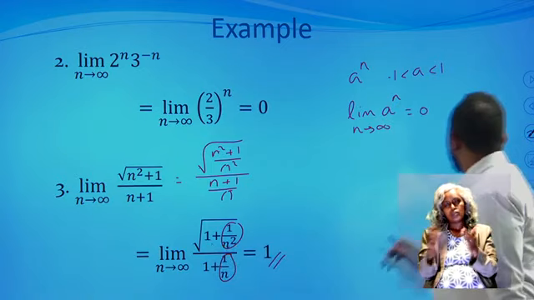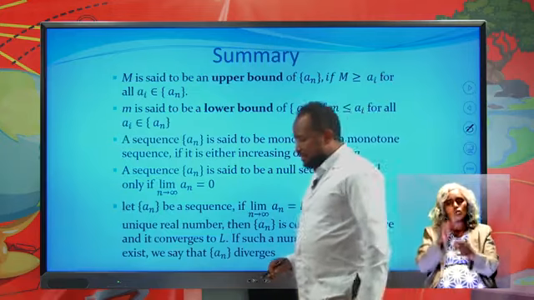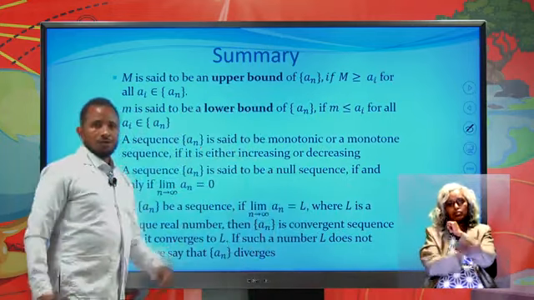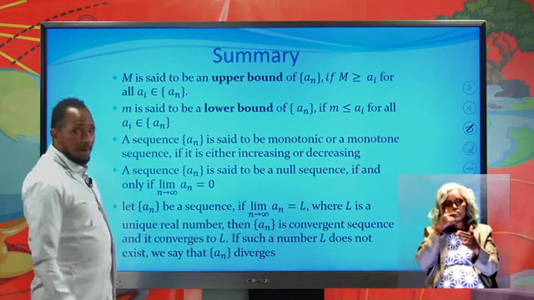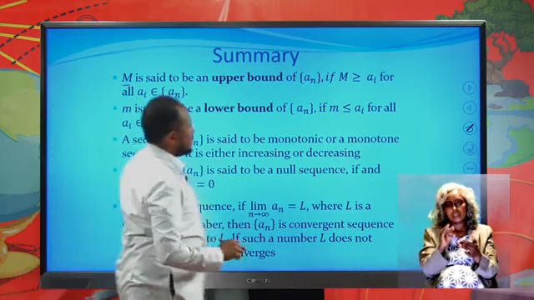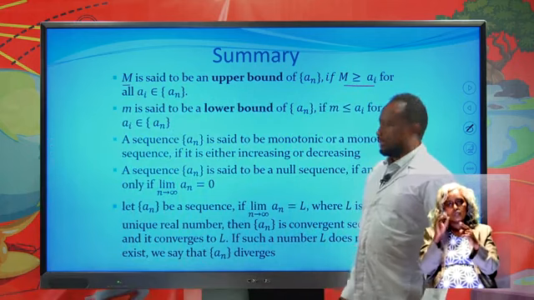This is it. So to summarize what we have seen today, these are the core points. The first one: n is said to be an upper bound of a sequence if this n is greater than or equal to all terms of the given sequence.